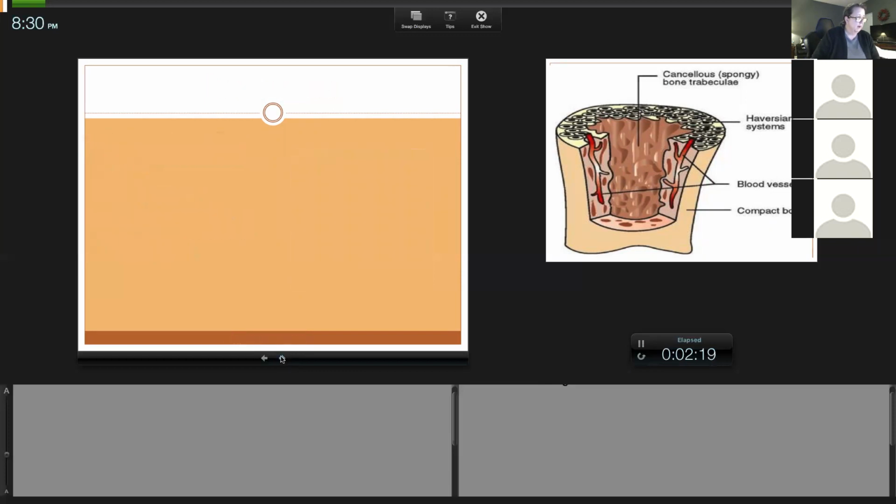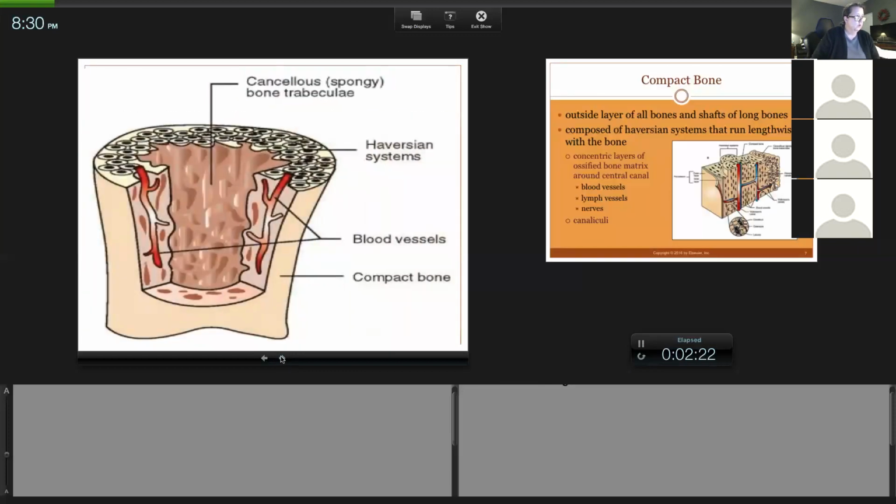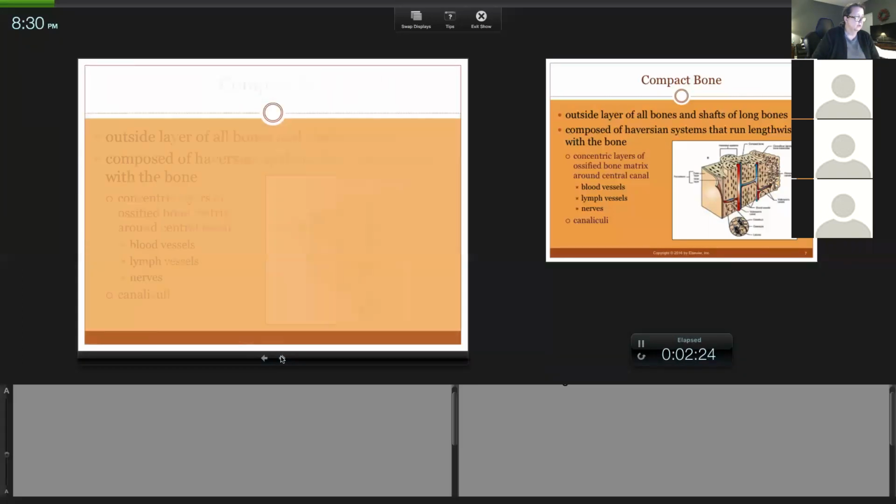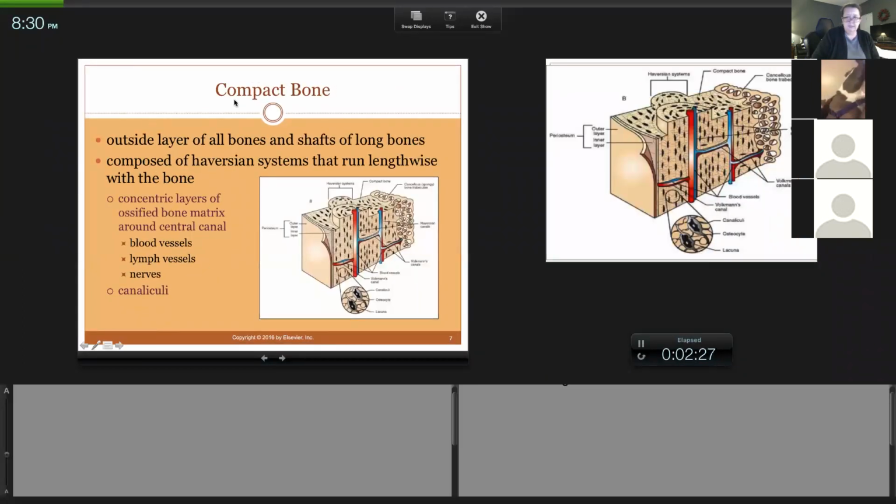When we talked about what a Haversian canal is, here it tells you compact bone. Compact bone is the outer layer of all bones and the shafts of long bones. So whenever you look at a bone, that outer layer is that compact bone. These Haversian systems are canals or channels, and if you think of it this way, it's like a bunch of cylinders taped together all in a core.